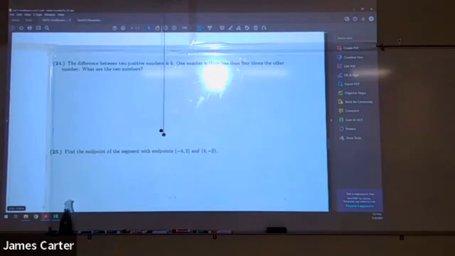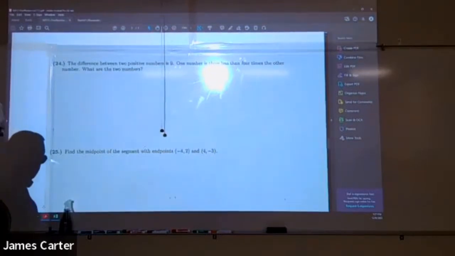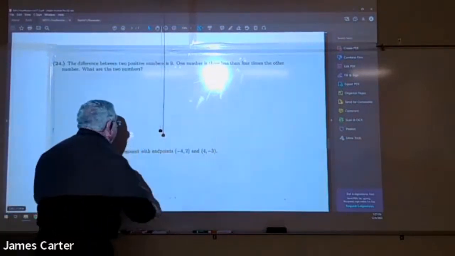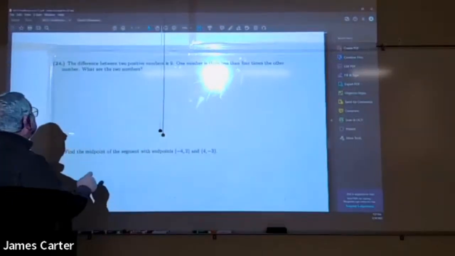Okay, number 24. The difference between two positive numbers is 9. One number is 3 less than 4 times the other. What are the two numbers? Okay, we hit this very briefly one night.